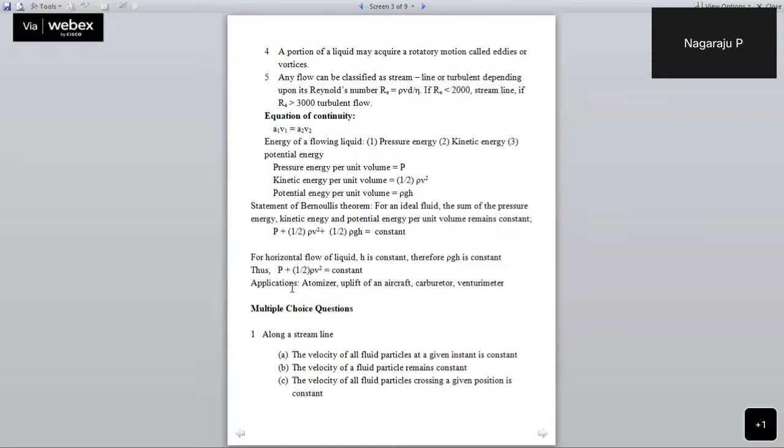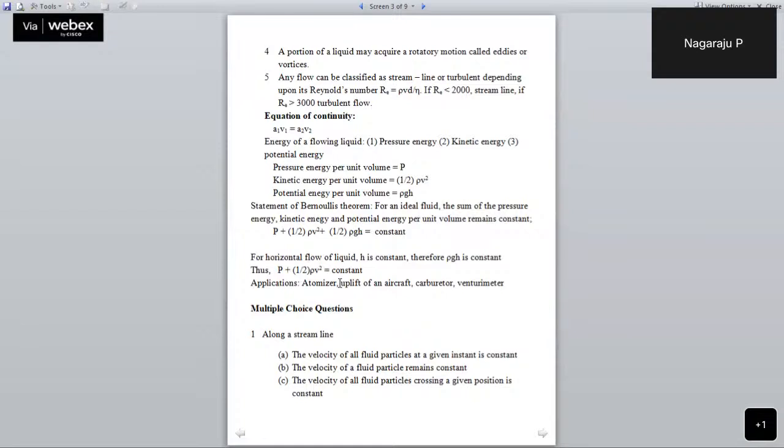There are several applications, but I am mentioning only a few here. Atomizer. What is the atomizer principle? We use paint sprayers, and even in a garden, the sprayer is used. It works on the principle of the atomizer.